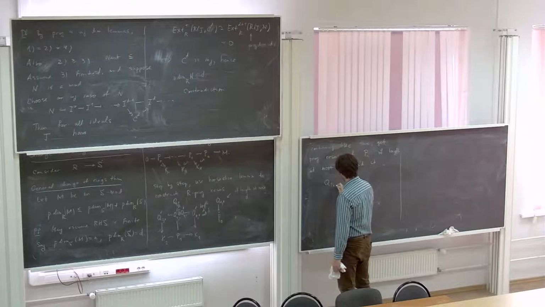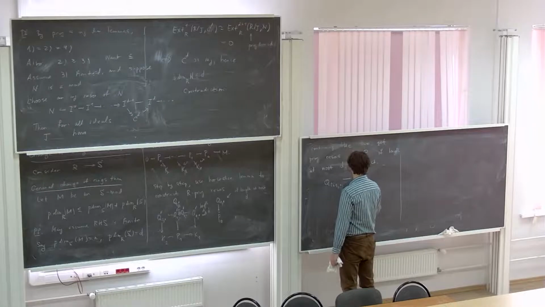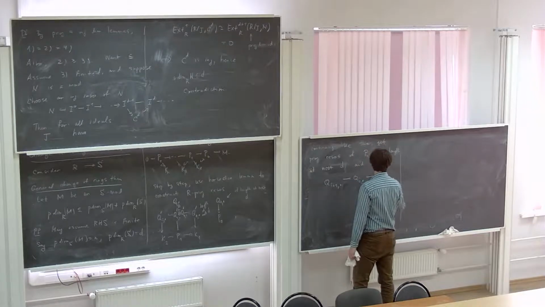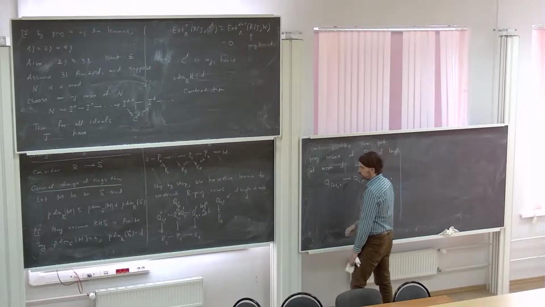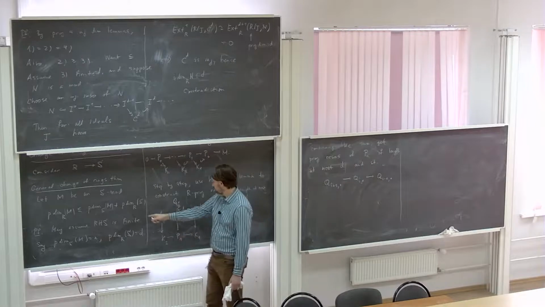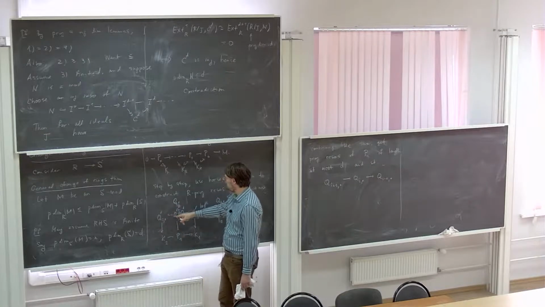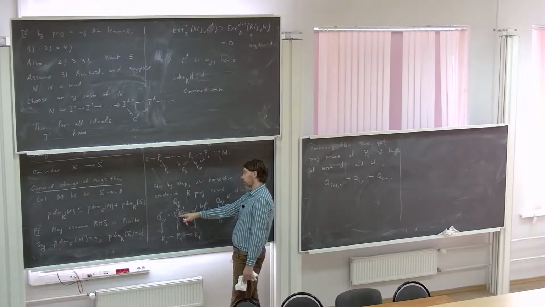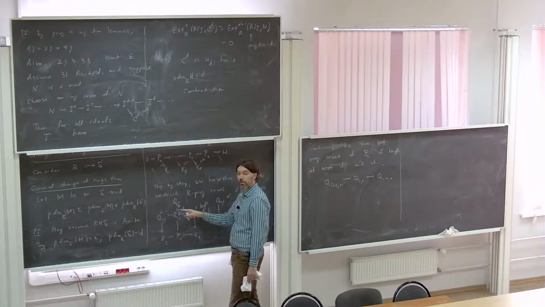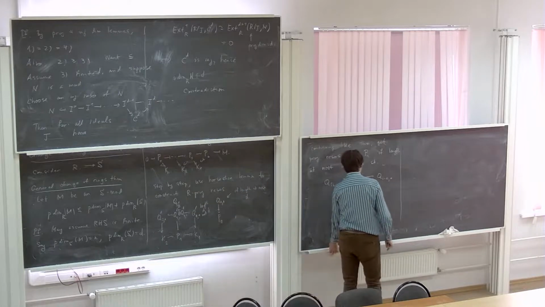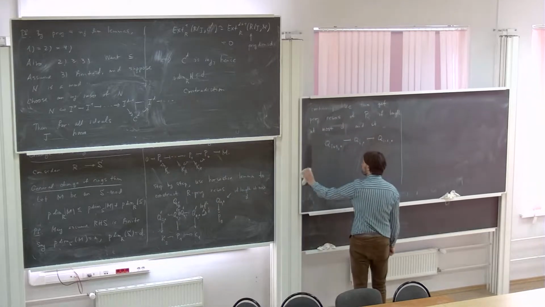If I go from this one to this one to the next one, the composite's 0 because Q3 will surject onto this one, which will inject into this one, which will die in the quotient here. So going from Q3 to Q2 to Q1 will compose to 0. So that's where we use the horseshoe lemma.